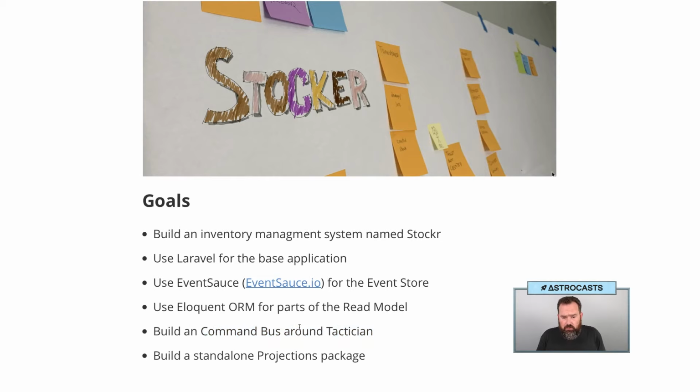So that actually comes to the end of the main goals. The sub goals are that I want to try and take this project and experiment with some things to make the developer experience a little better. In the past, when I've worked with any sort of event sourcing or CQRS style projects, they tend to get very verbose, and I want to see if I can do something to not do that this time.